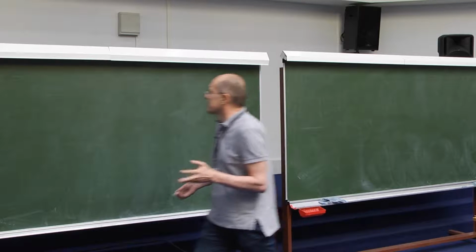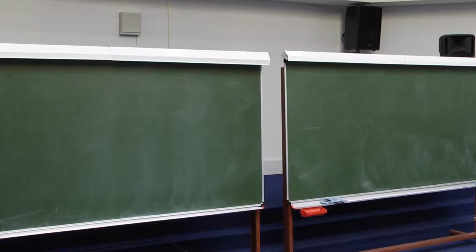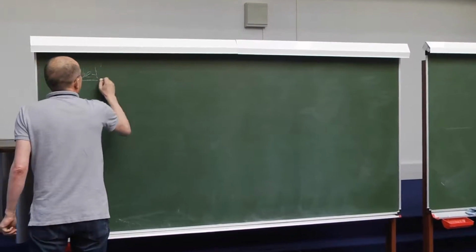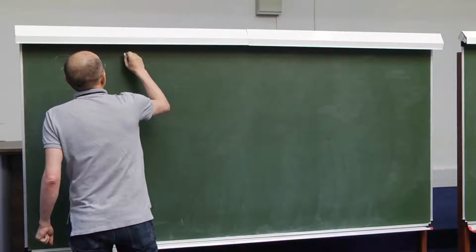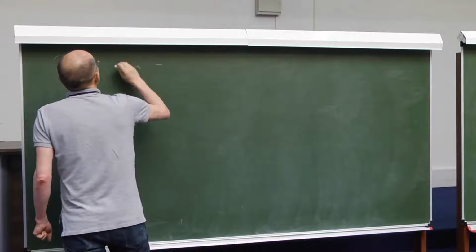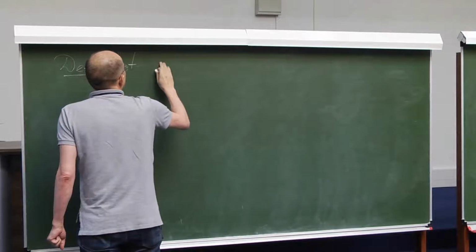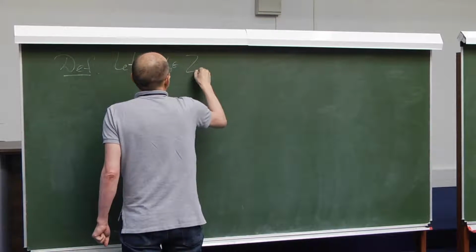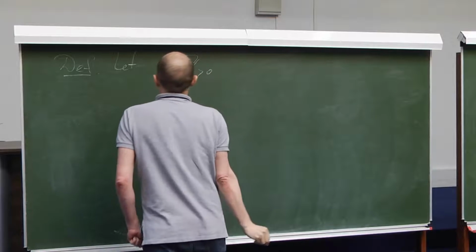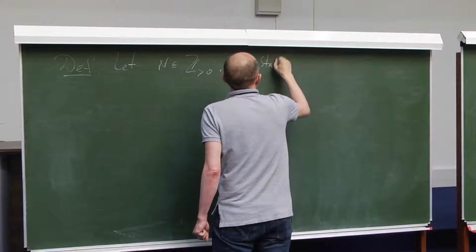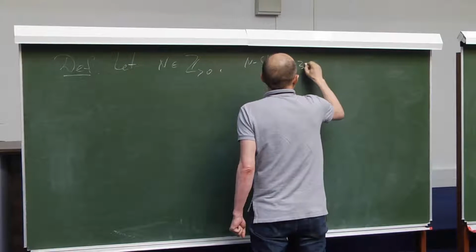Okay, so let me start just by defining this 3-3 Pachner move. So this is the 3-3. Let n be a positive integer and state the 3-3 Pachner move.